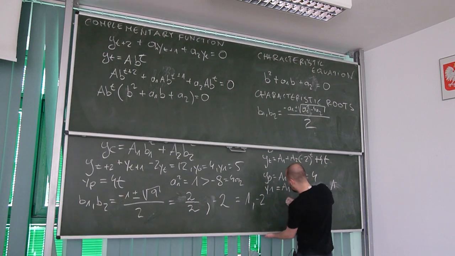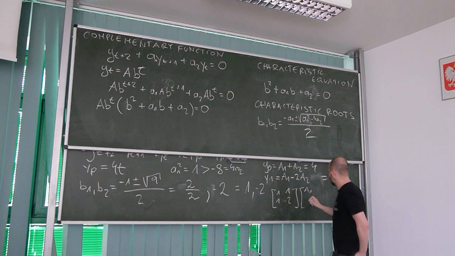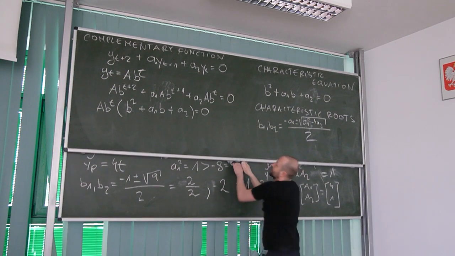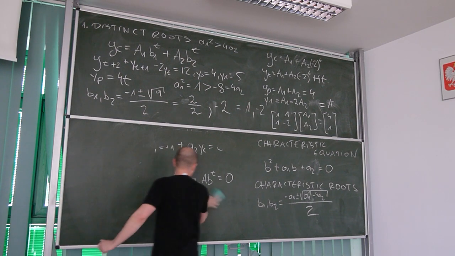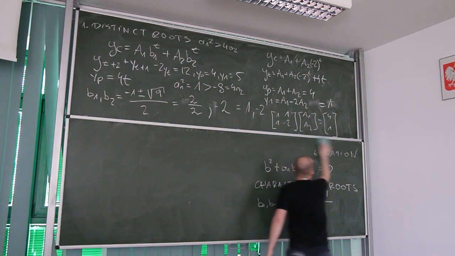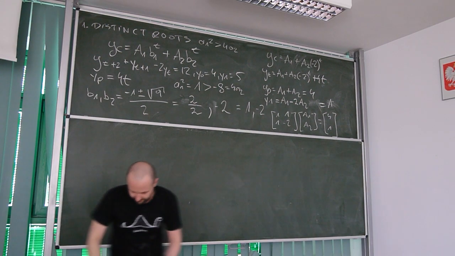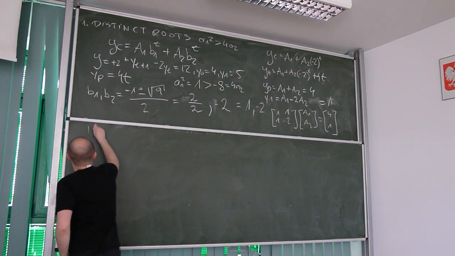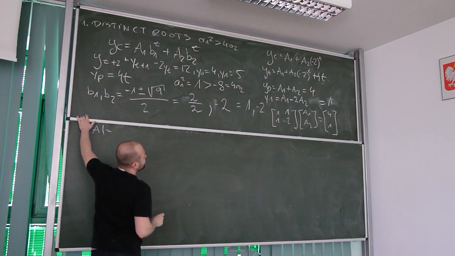So what we need to do in order to solve this equation is to solve a very simple system of two simultaneous equations for a1 and a2. So the determinant here is negative 3.